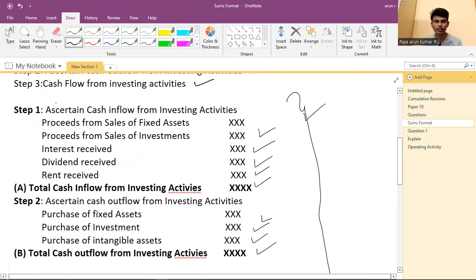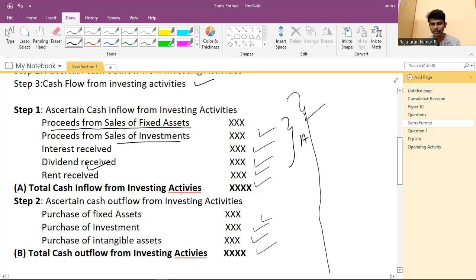Step 1: proceeds from sale of fixed asset is a cash inflow, and proceeds from sale of investment is a cash inflow. Interest received is a cash inflow. Dividend received is a cash inflow, and rent received is a cash inflow. And the total of this you keep as A.